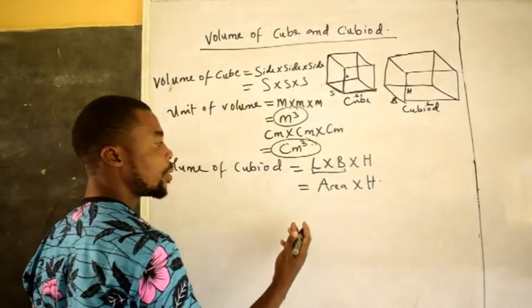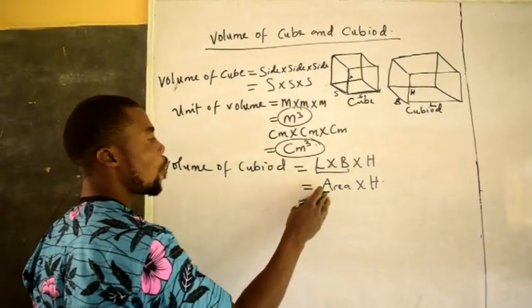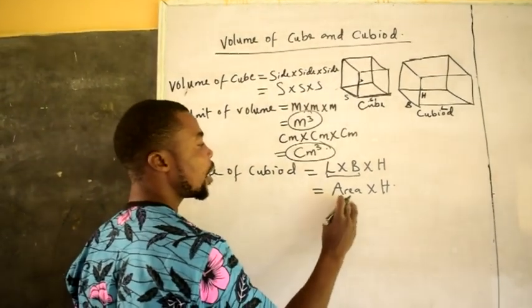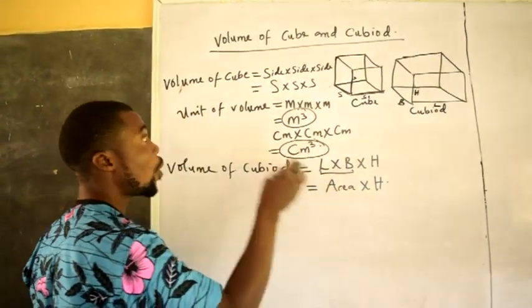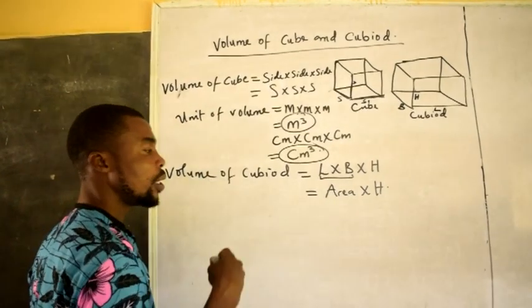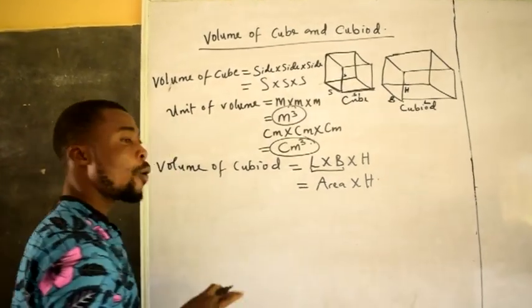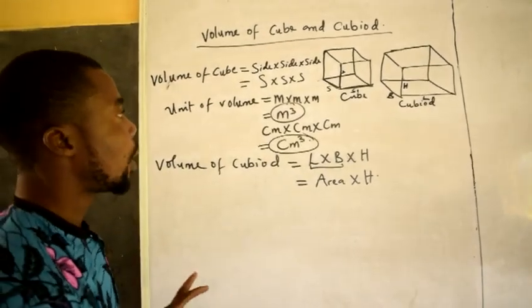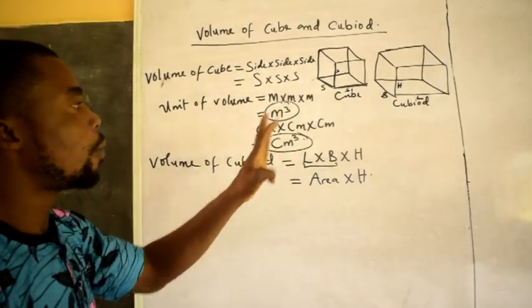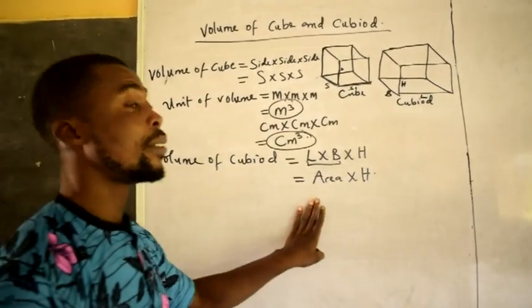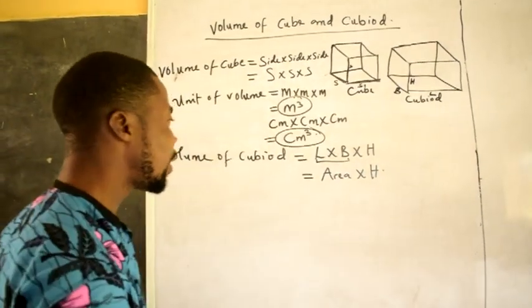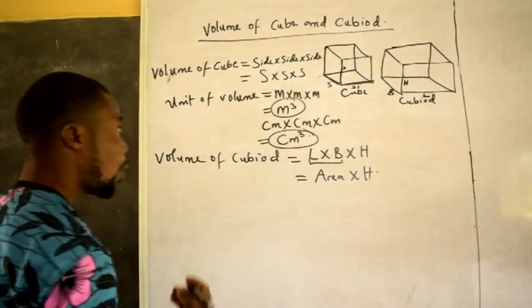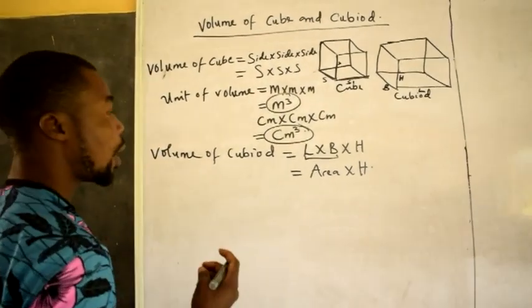It's still the same thing: the volume of a cuboid is area times height, or the volume of a cube too is area times height, or the volume of any of these. You can use area times height. Let's take a look at an example on the volume of a cube and cuboid.